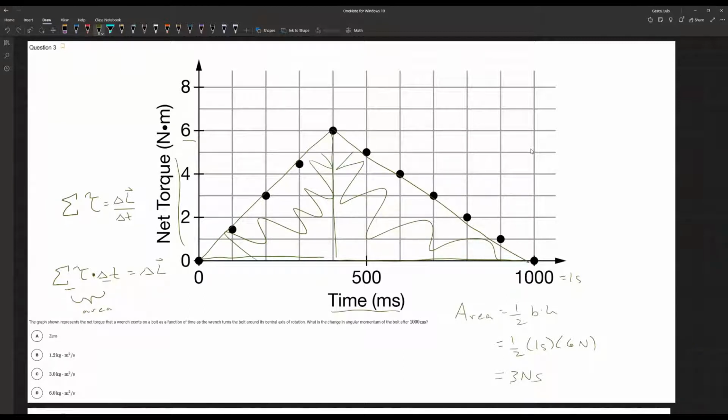Now we may be wondering, well, that doesn't look very good. How do we rewrite this? Well, hopefully we remember a newton is a kilogram meter per second squared. And so a newton second here is going to be a kilogram meter per second. And so it still looks a little weird.